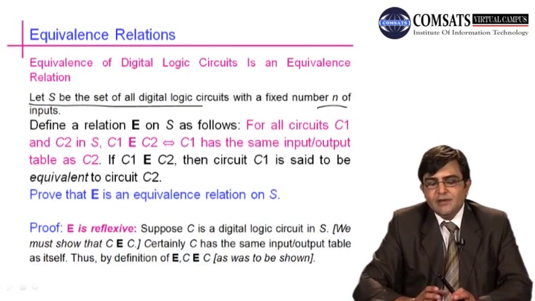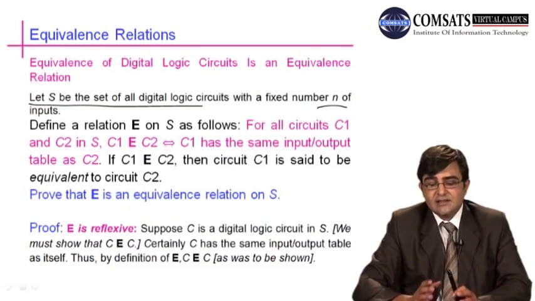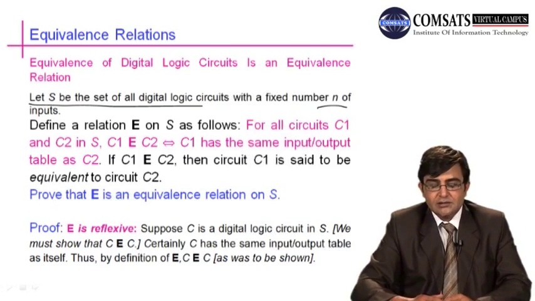So inputs must be the same in this set. All the digital logic circuits have the same inputs, that is, if there are two propositions, then they have four possible inputs.